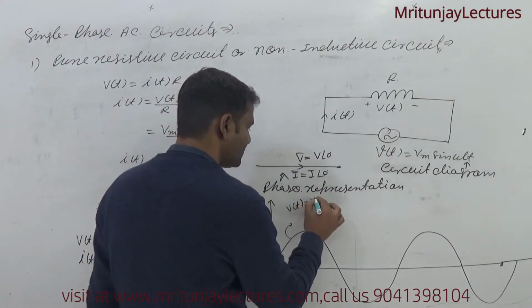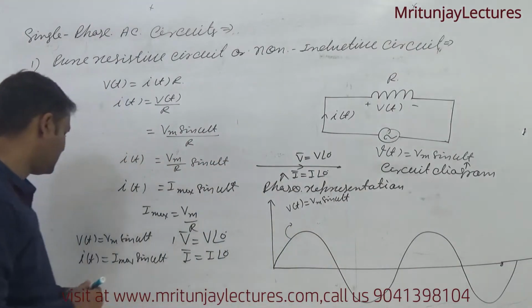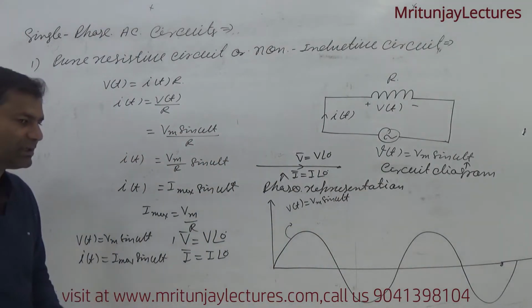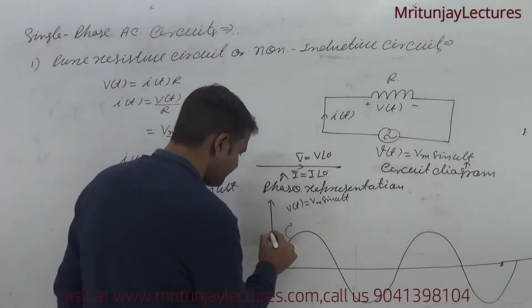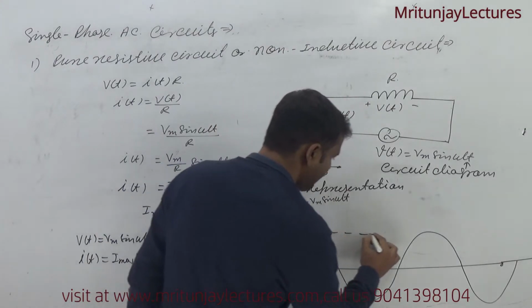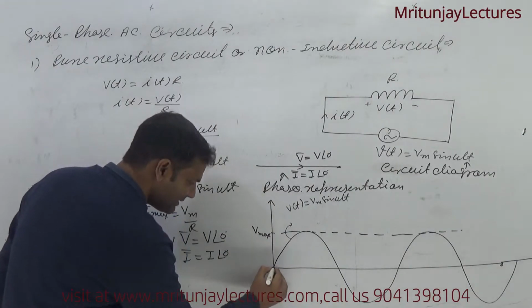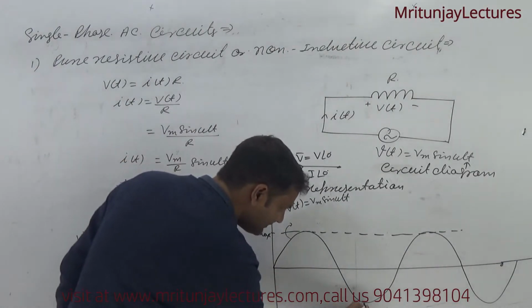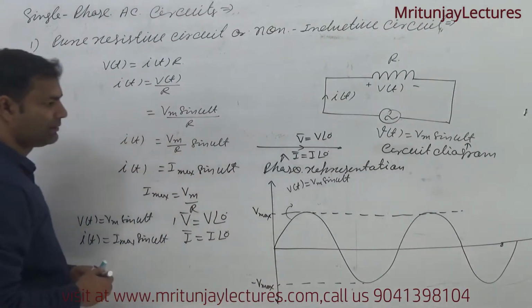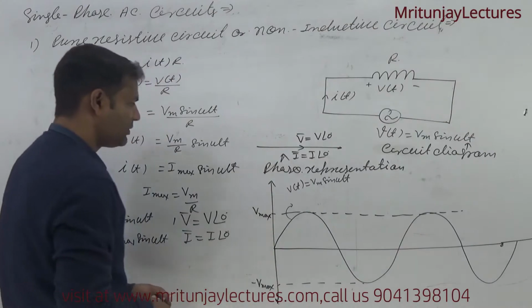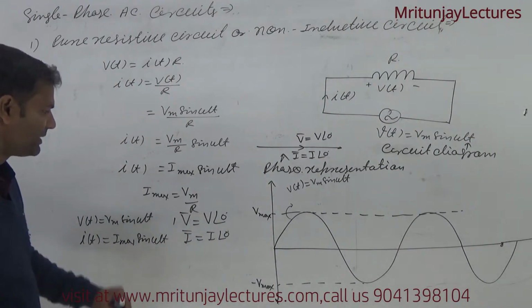Now what about It? It is also Im sin omega t. This is Vm, that is Vmax, and here Imax. Now what about Imax? It is given by Imax sin omega t.